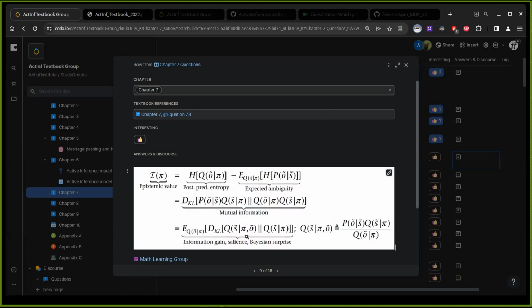And this last one is, again, after you ignore the pi's here, it's Q of S conditioned on observations. So if the observations are meaningless, then this term is 0.